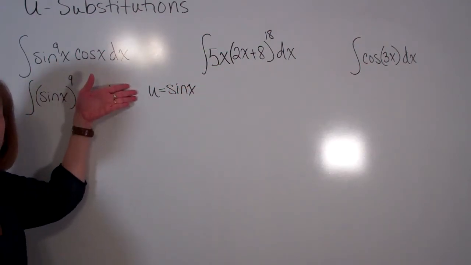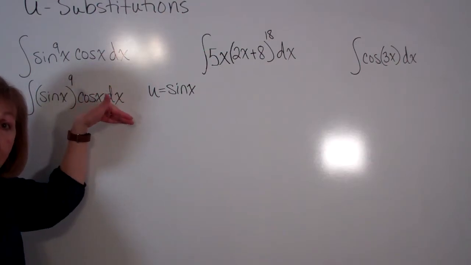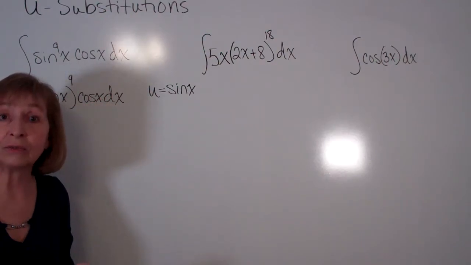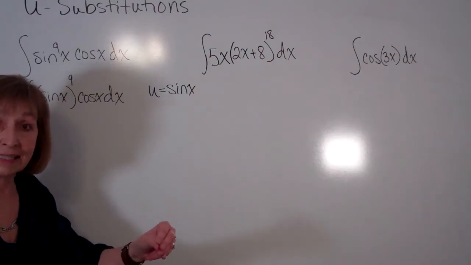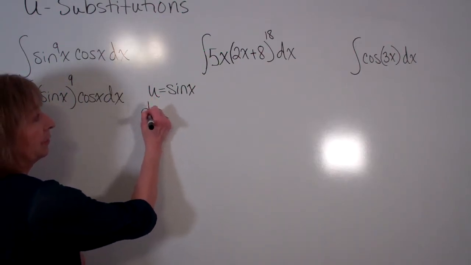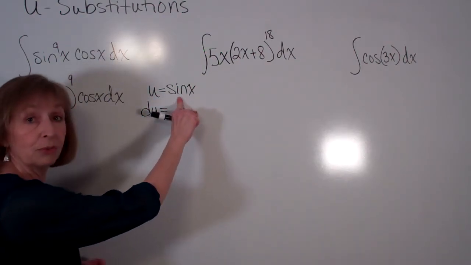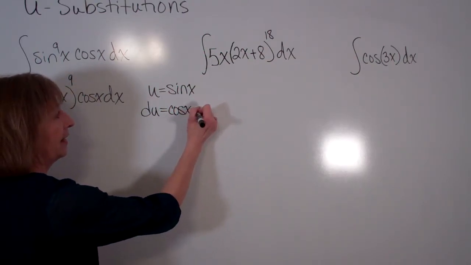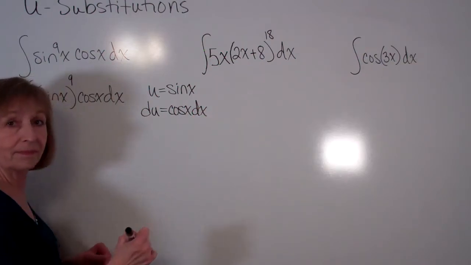And then over here, I'm trying to see what its differential would represent. So do the differential du, and remember the differential du will equal f prime of x dx. So du is equal to, well, the derivative of sine x is cosine x, and then the differential dx.